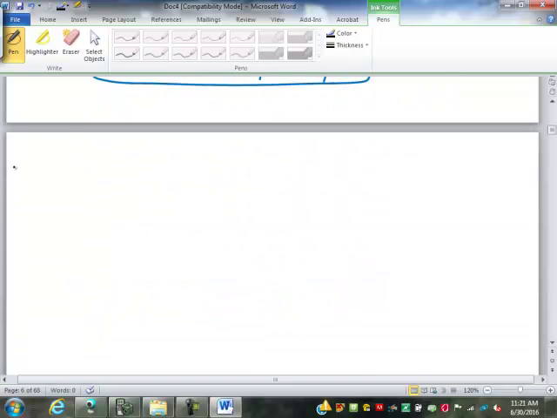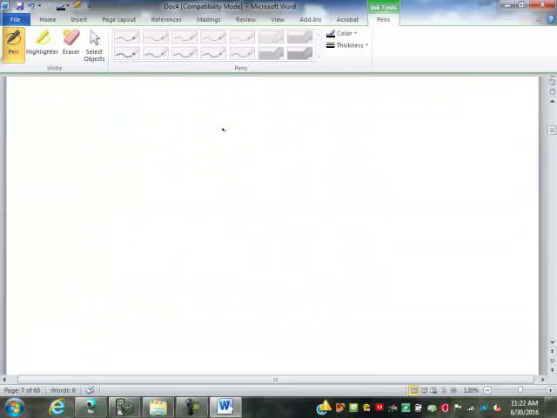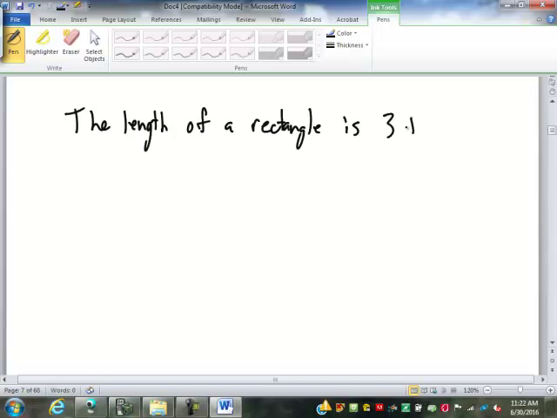Our last thing for today is we want to look more at word problems and setting up word problems. And we've talked about it before that when you have more than one item you're trying to find, one of them has to reference the other. We looked at rectangles and perimeter of rectangles. Let's say that we are told the length of a rectangle is 3 times the width.